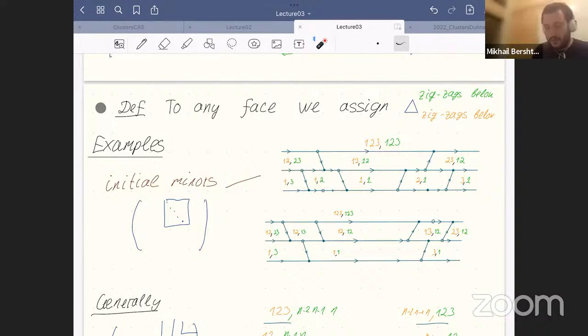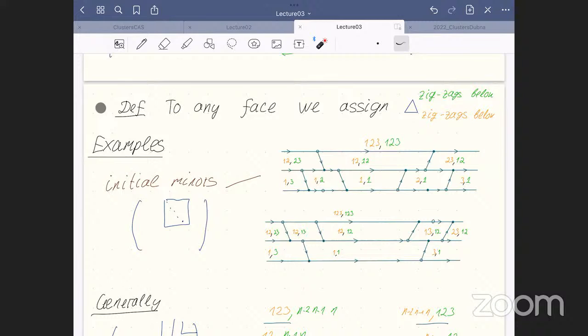For faces between the first and second line, it will always be one orange and one green. Between second and third line, it will always be two orange, two green, and so on. Here you have 1 by 1, here 2 by 2, and here 3 by 3.